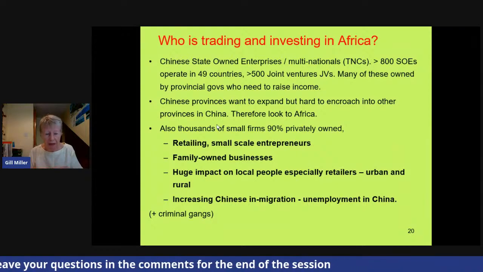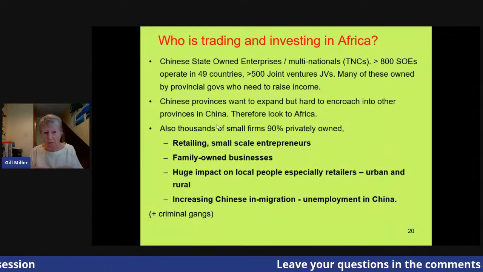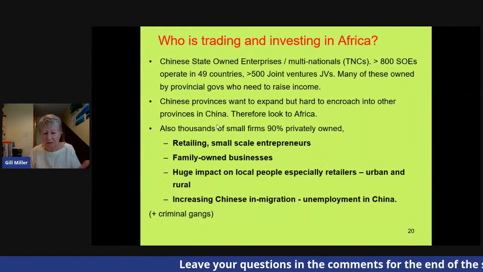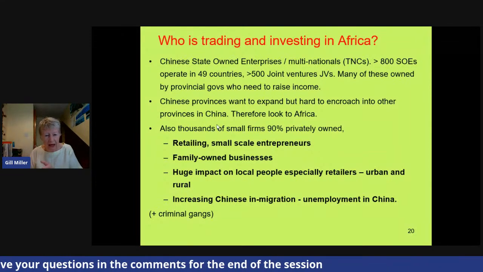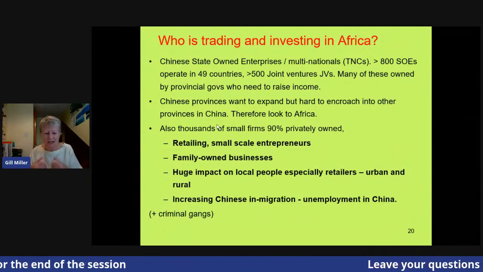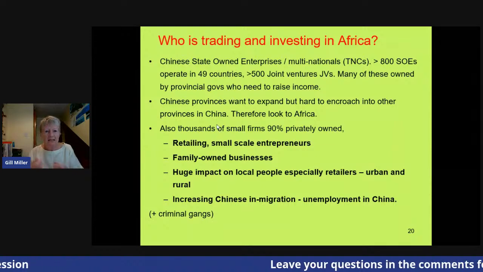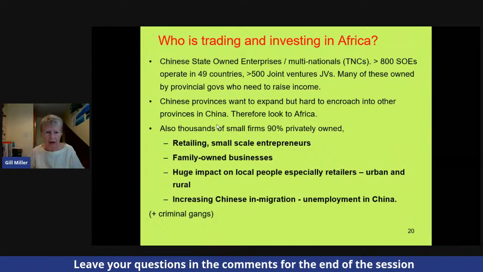And there's been really big state-owned enterprises, which during Mao's time were pretty inefficient, really, and they were propped up by the state banks, and they weren't particularly competitive. But because of the open door policy, with the help of multinationals, they've become much more aggressive and efficient and modern, and they are now investing in Africa.